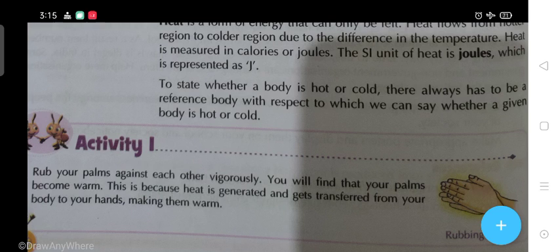Especially in winter, have you rubbed your palms? Okay, suppose that you have taken both hands, and if you are rubbing both hands vigorously, continuously, then what will you feel? You will feel that your palms become what? Warm, and heat has been generated by doing this practice.